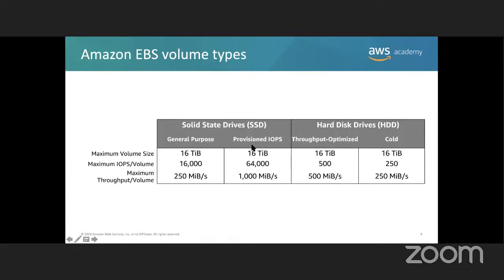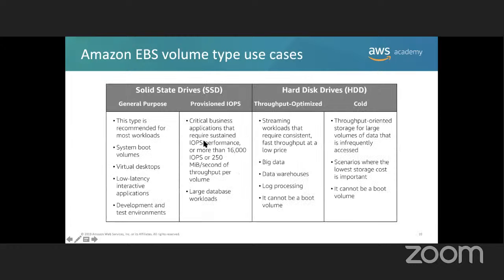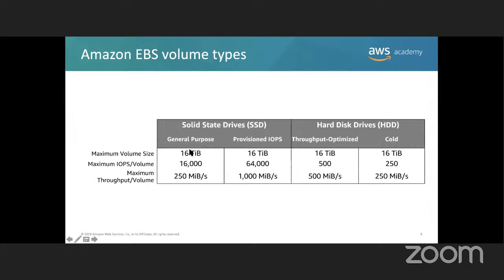Now, the maximum size that general purpose can have is 16 TiB, and IOPS is input output per second. Okay, this is not terabytes, this is TiB.